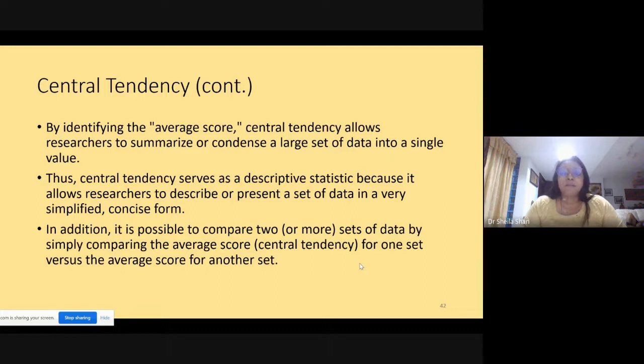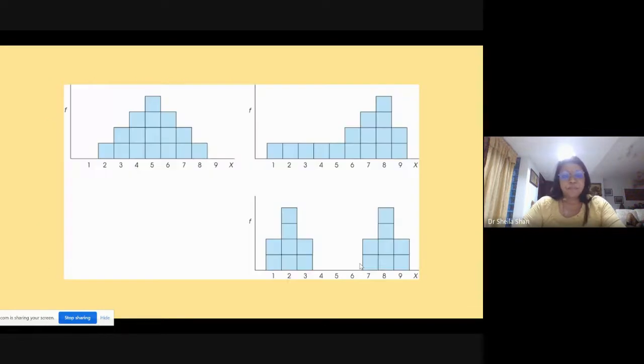So I look at their performance and get the mean. Face to face got a higher score. Online students got a lower mean. So from there, I can compare the average. It's possible to compare two sets of data by simply comparing the average score, the central tendency, for one set versus the average score for another set.